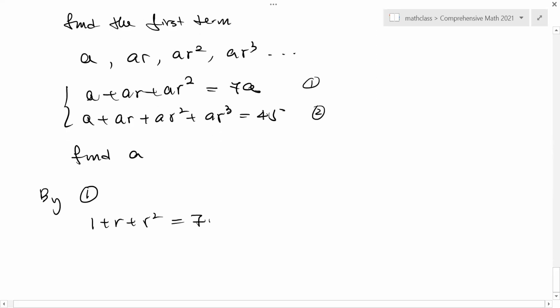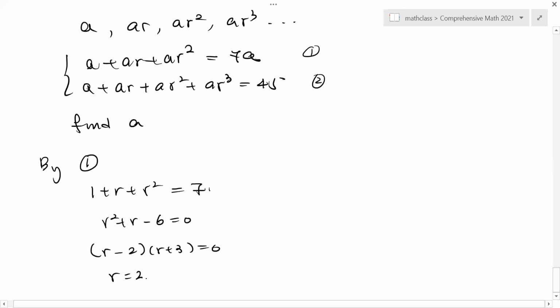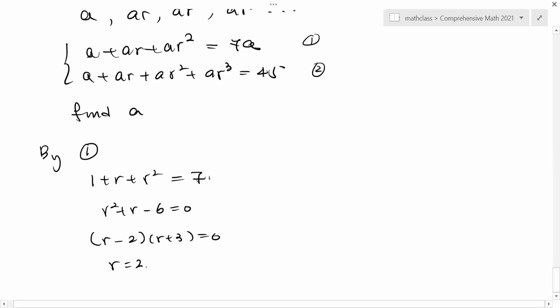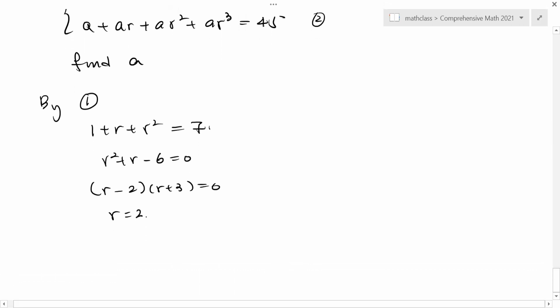So from here, you can use the quadratic formula, or you can try and solve it. It's going to be (R minus 2)(R plus 3) equals 0. So R should be positive. R cannot be negative; I already mentioned that these are all positive terms. Otherwise the sign keeps changing. So R is going to be 2.